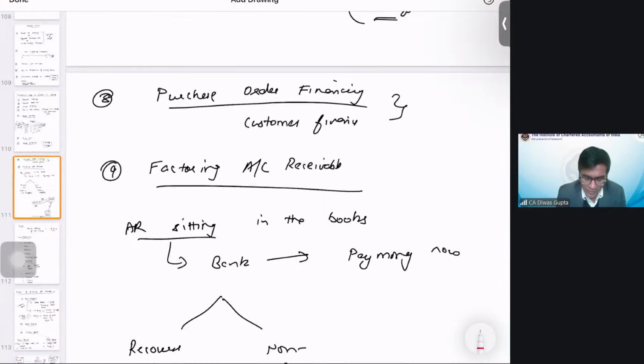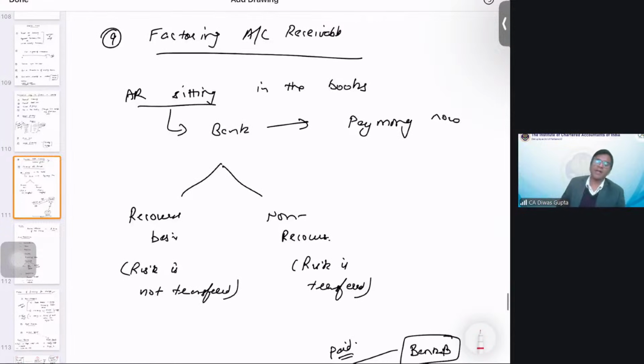Then comes purchase order financing. Purchase order financing is the one where the customer is actually financing. After you receive the PO from a customer, you ask for funds from the customer to take an advance and start your work.